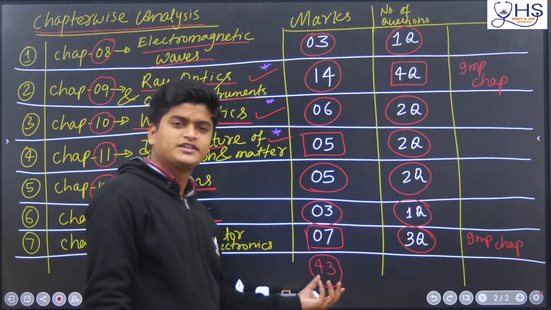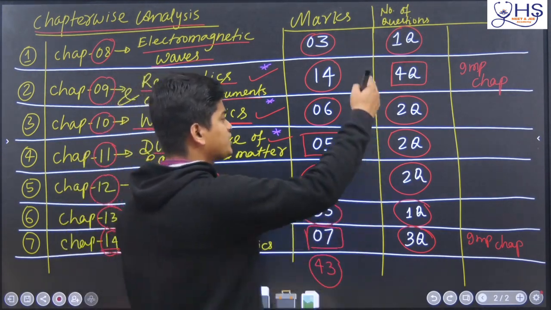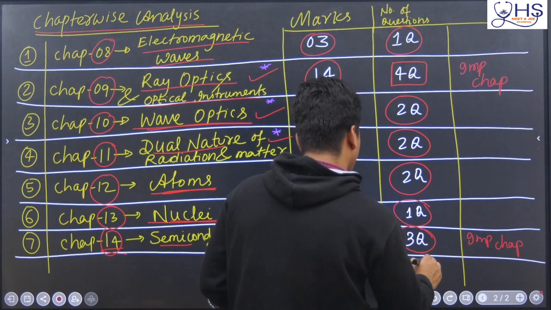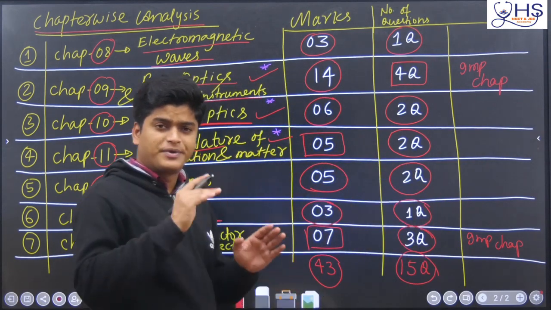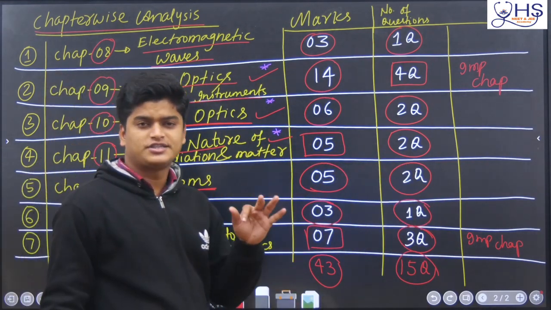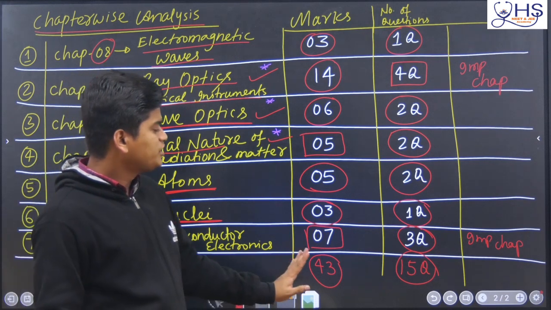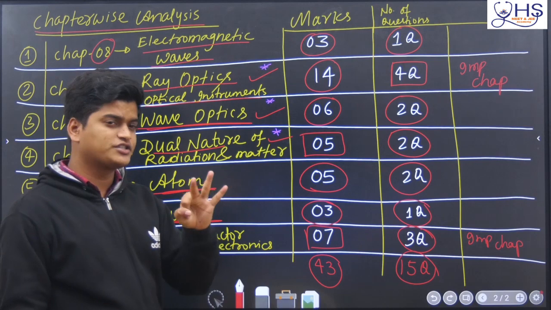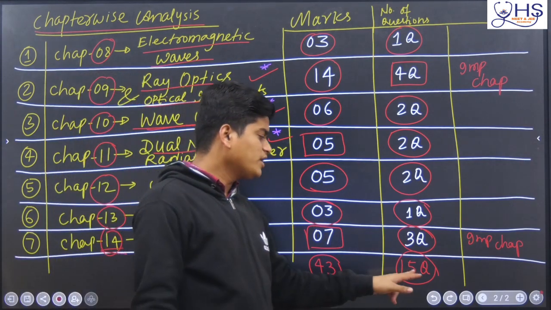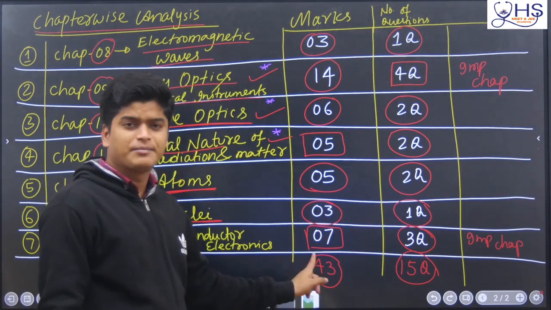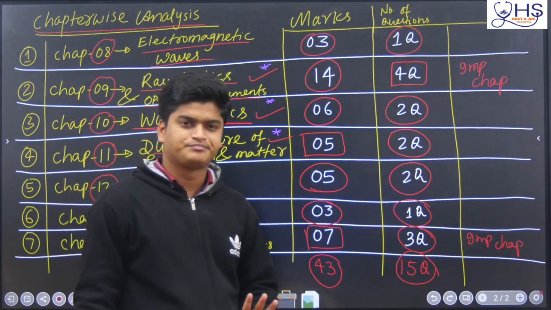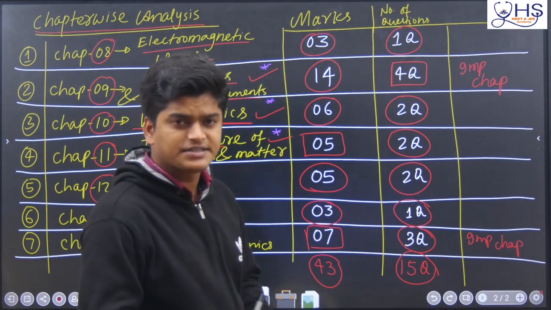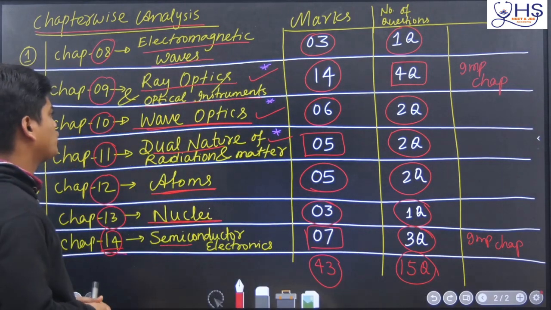So 35 plus 8 comes to a total of 43, and the total number of questions is 15. 15 questions will be printed, but 3 questions are internal choice, so you have to skip 3 questions. If you skip those, it becomes 12 questions, the 8 marks get cancelled, and it becomes 35. This is the whole idea about the chapter wise analysis of the term 2 exam.